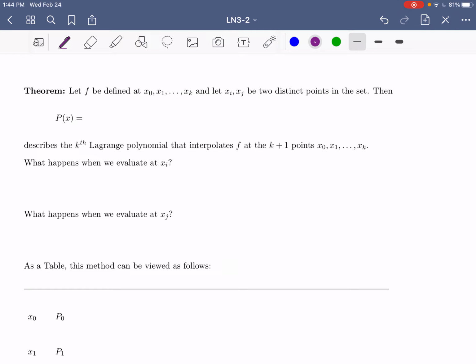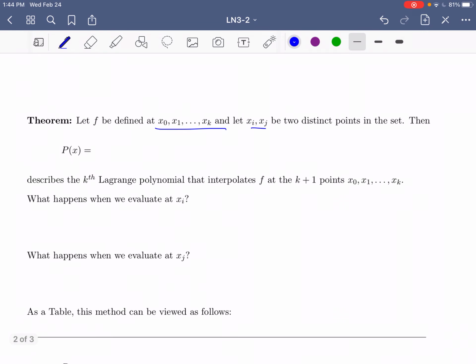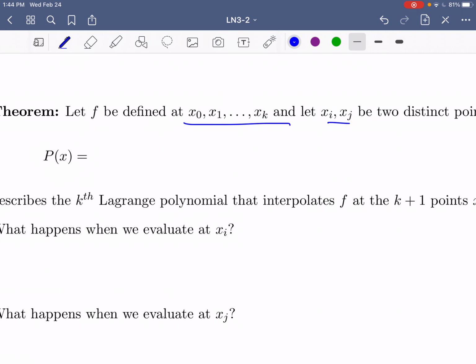If our function f is defined at x0 up through xk, and x sub i and x sub j are two distinct points in the set, then that Lagrange polynomial can be expressed as x minus x sub j, times the Lagrange polynomial that has node 0, node 1, all the way up through node j minus 1.